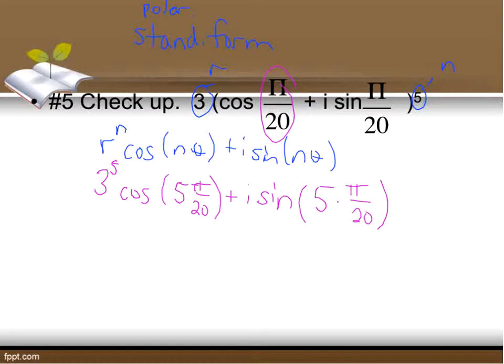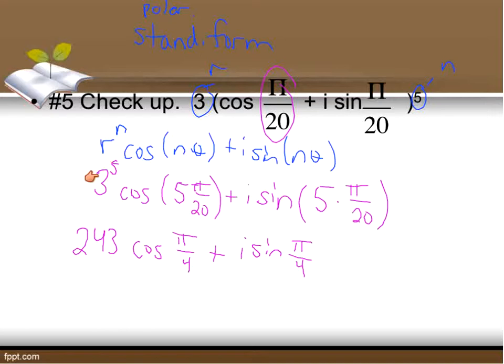And then from here we just have to simplify a little bit. My 5 and my 20 can reduce to 1/4, or in other words, pi over 4. And I can do my 3 to the 5th also. So 3 to the 5th is 243, cosine pi over 4, plus i sine pi over 4. Any questions how I got to here? Okay, so 243, I worked out 3 to the 5th.